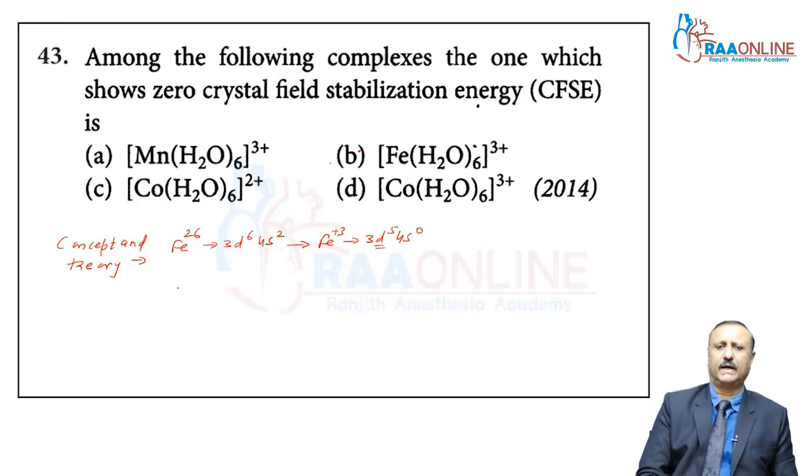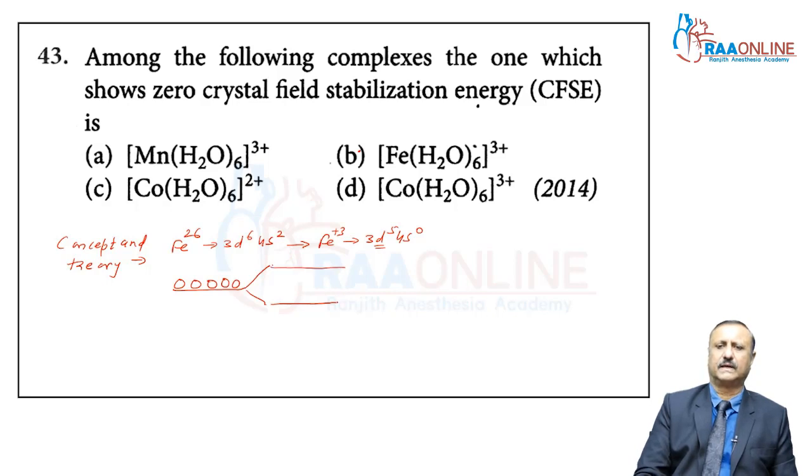Now, my dear students, you have 5 d orbitals, 1, 2, 3, 4 and 5, and splitting is done, either large or small. Here you can see which type of ligands are present with iron.